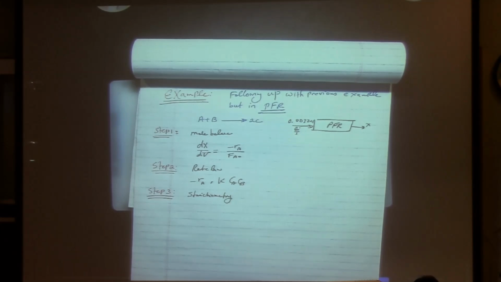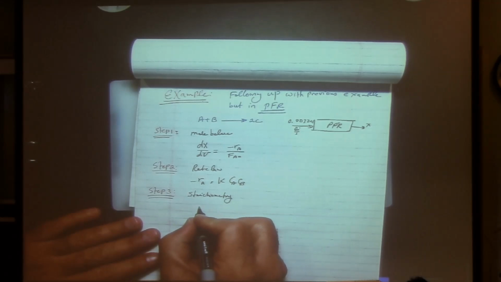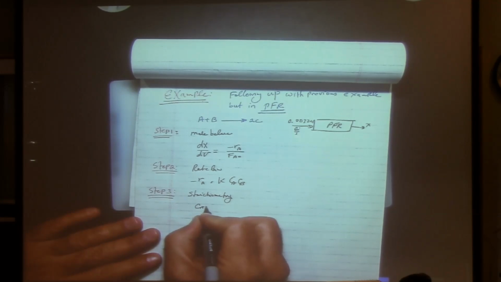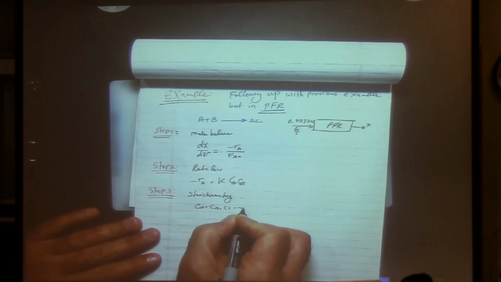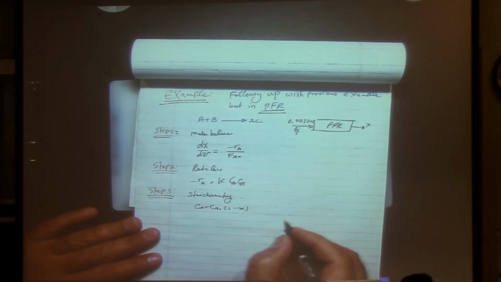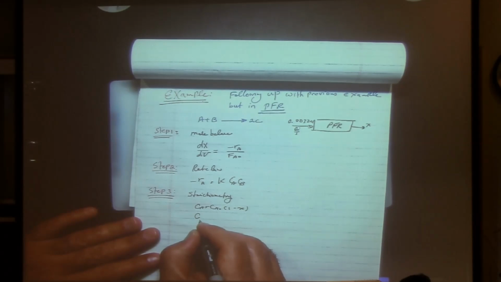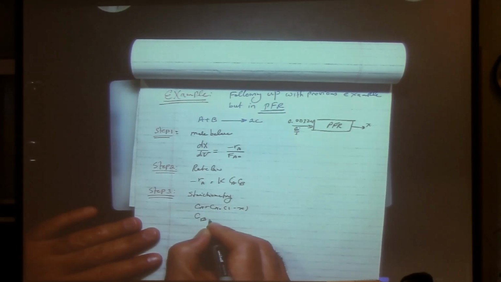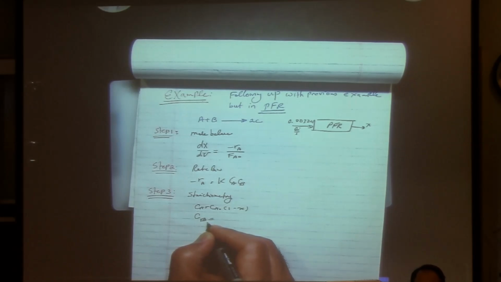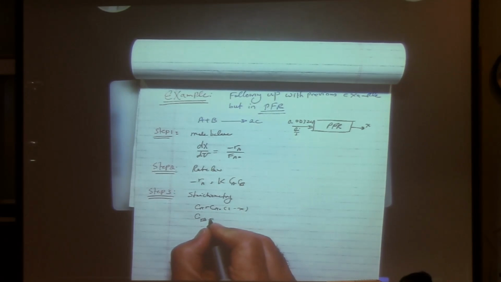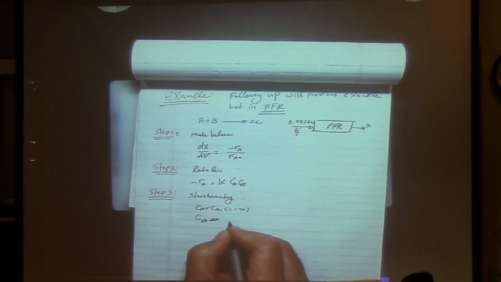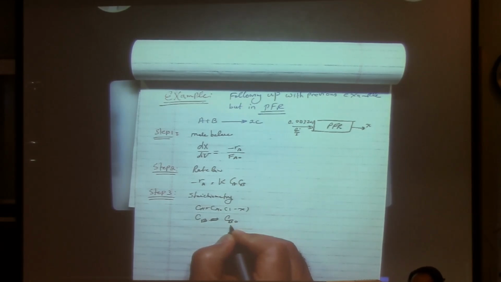For this case, we have the easy equation. So CA is CA0 times (1 minus X). And if you look at the course notes, we mentioned CB: what would it be if we don't simplify to CB0? Because it's a very large volume, we consider this one to be CB0.